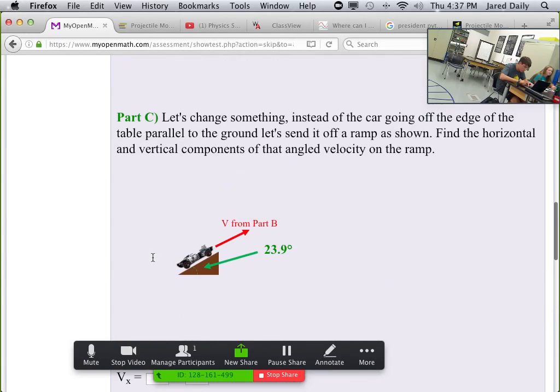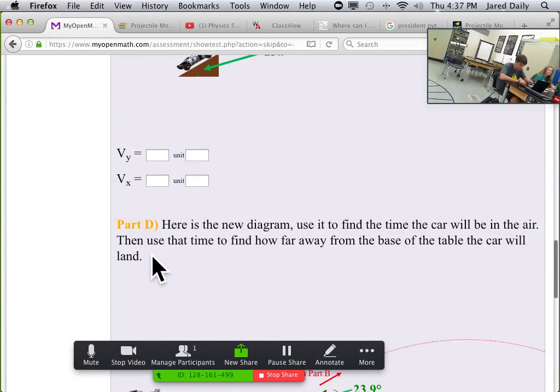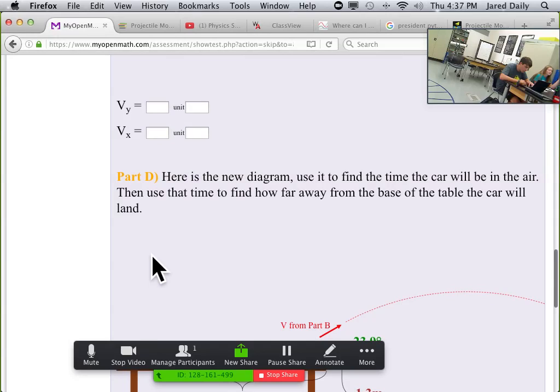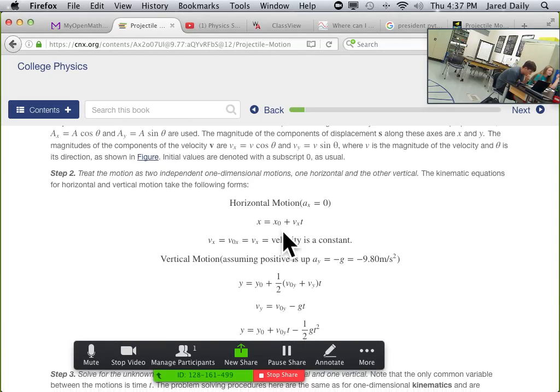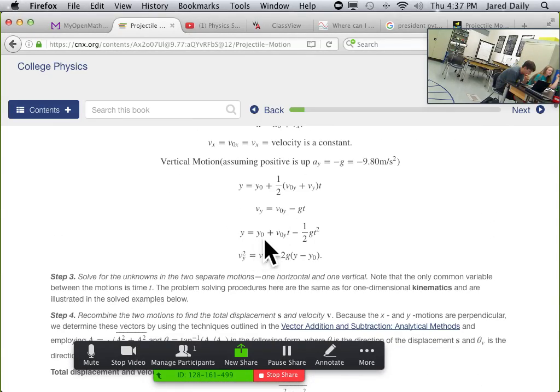Okay, so you haven't found the time yet. I thought you'd found the time. Sorry. So to find the time, you're going to use the same equation, which is this one right here. You're trying to calculate T. The final Y position, you know, it's 0.